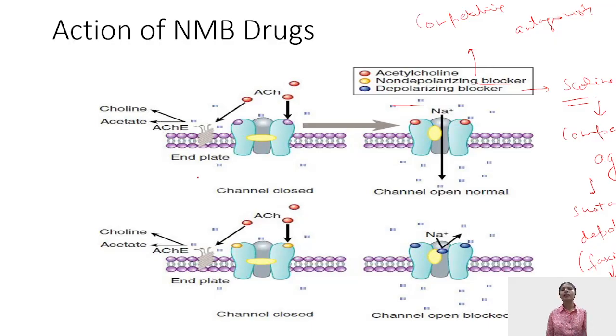They're going to go sit on the receptor and they're not letting the acetylcholine work, eventually leading to flaccid paralysis. One shortcut that you all have to remember is that non-depolarizing neuromuscular blockers and phase 2 of the depolarizing blockers both behave in the same manner, whereas phase 1 is different from these two.